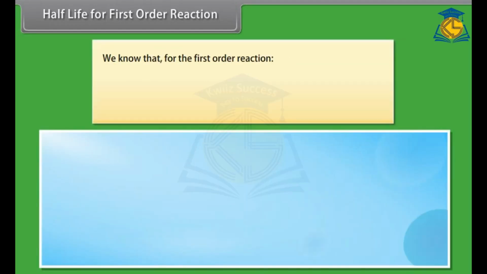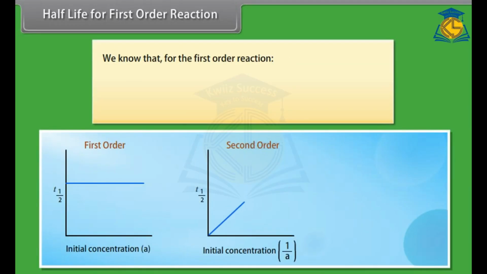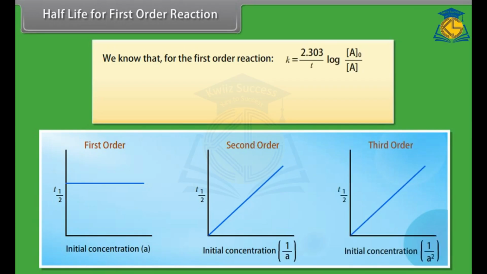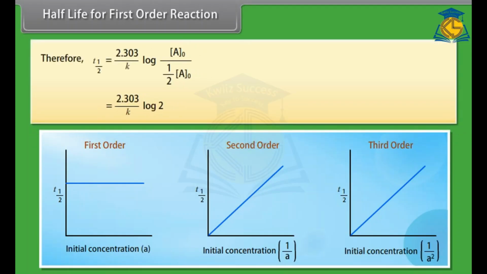Half-life for first-order reaction. We know that for the first-order reaction, k is equal to 2.303 upon t multiplied by log A naught upon A. t can be calculated from this equation as t is equal to 2.303 upon k multiplied by log A naught upon A. At t half, A is equal to A naught divided by 2. t half is equal to 2.303 divided by k multiplied by log 2.